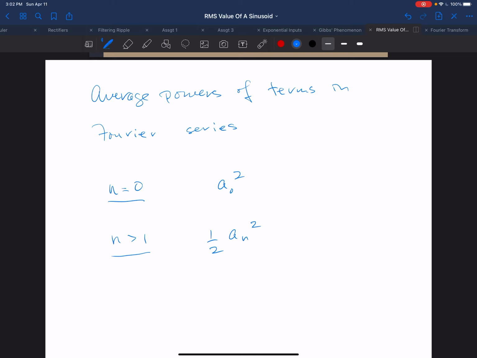And in order to do that, we sometimes replace the amplitude with the so-called root mean square value. And this is abbreviated, of course, to RMS.